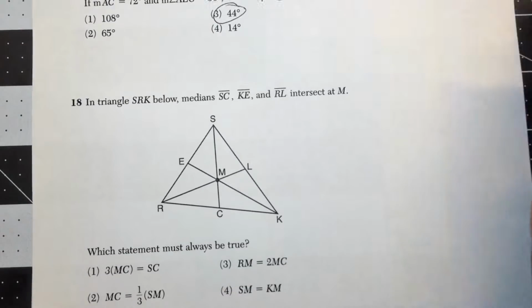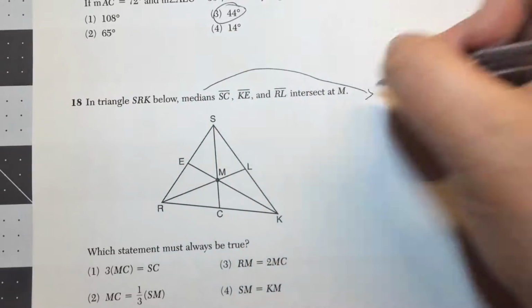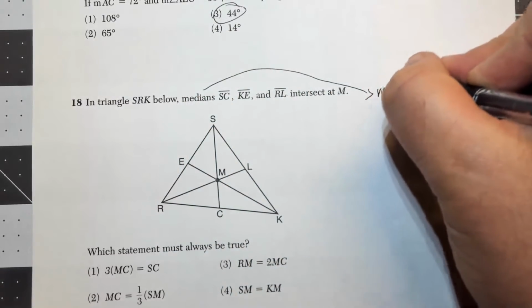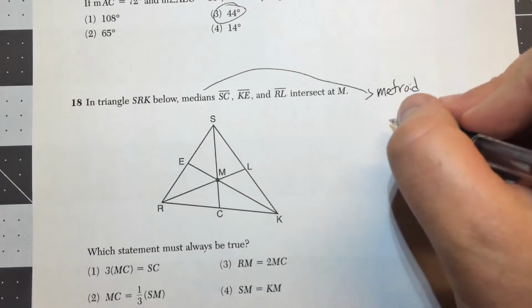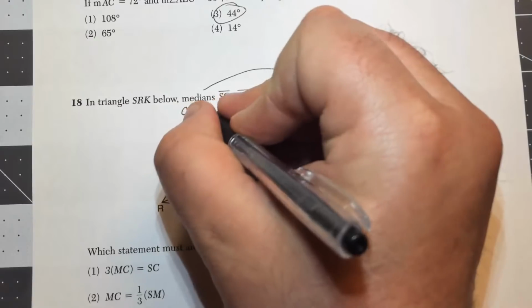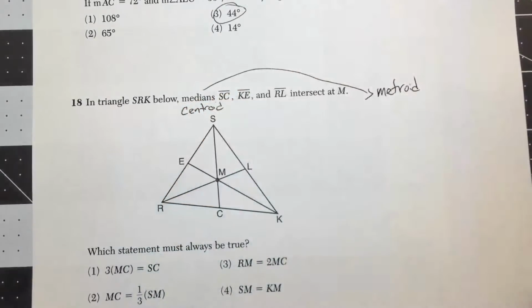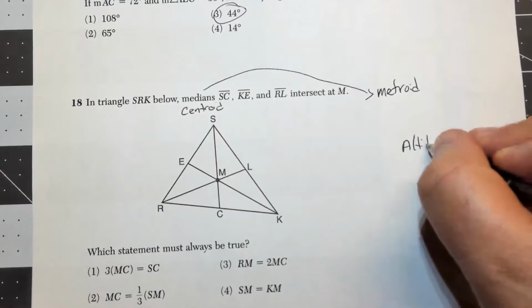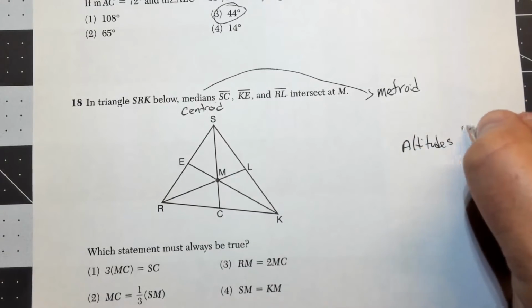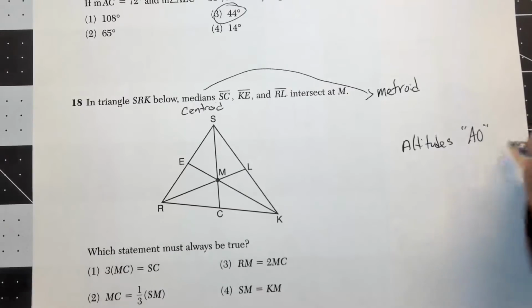18. The medians are drawn, which is always going to be true. Remember the word centroid: the medians make the centroid. We talked about this one before, the altitudes. Think of the phrase AO: altitudes make the orthocenter.